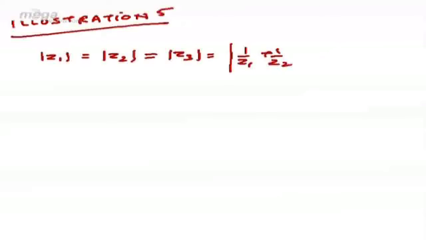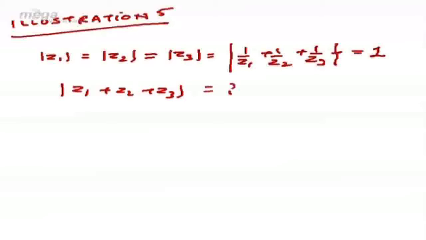That is illustration 5. Mod of z1 is equal to mod of z2 is equal to mod of z3 is equal to mod of 1 by z1 plus 1 by z2 plus 1 by z3, given as 1. Now we have to find out the value of mod of z1 plus z2 plus z3. Now mod of z1 is equal to mod of z2 is equal to mod of z3 is equal to 1.